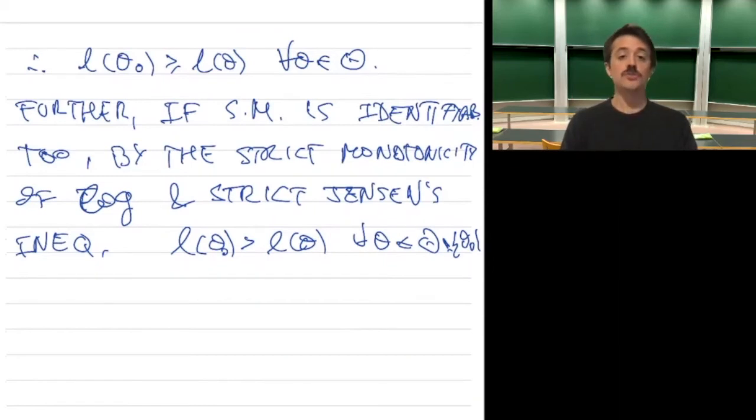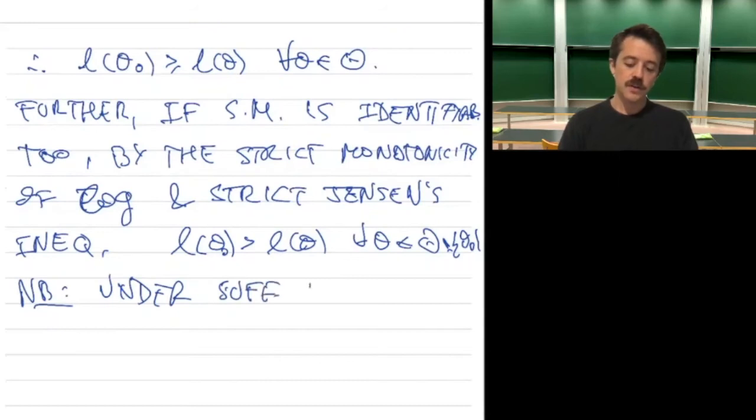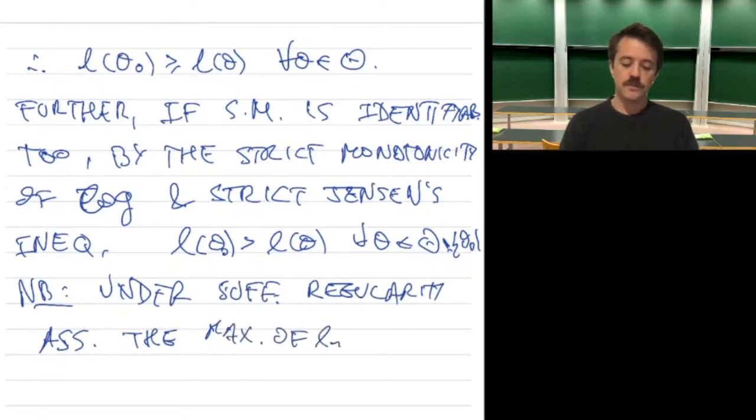So just to emphasize this again, under sufficient regularity assumptions, we're going to have precisely that the maximizer of this guy is approximately that of this guy.